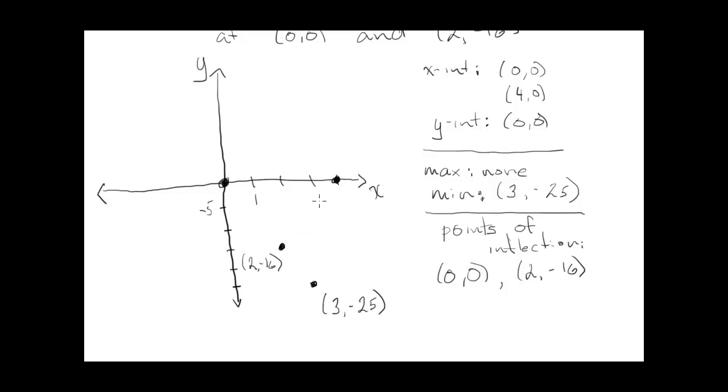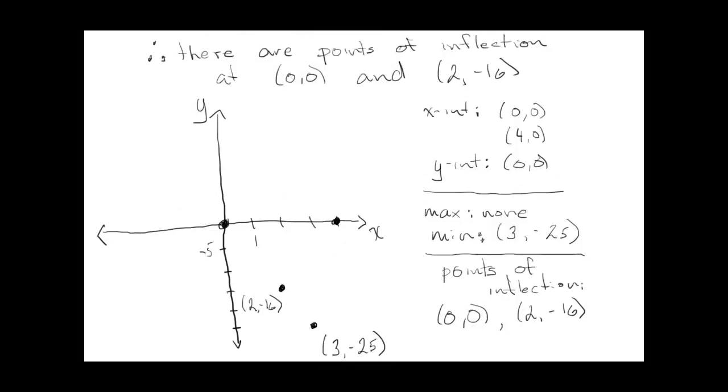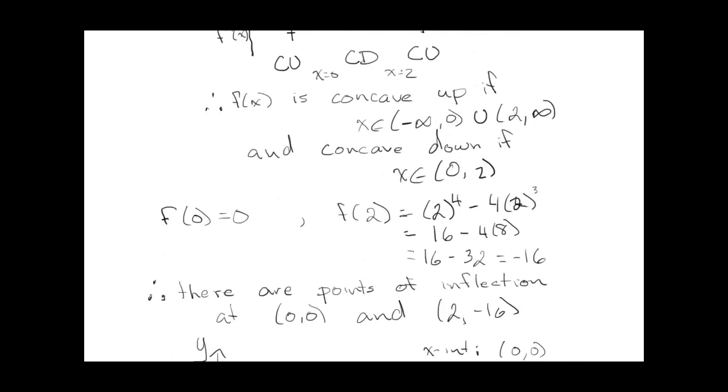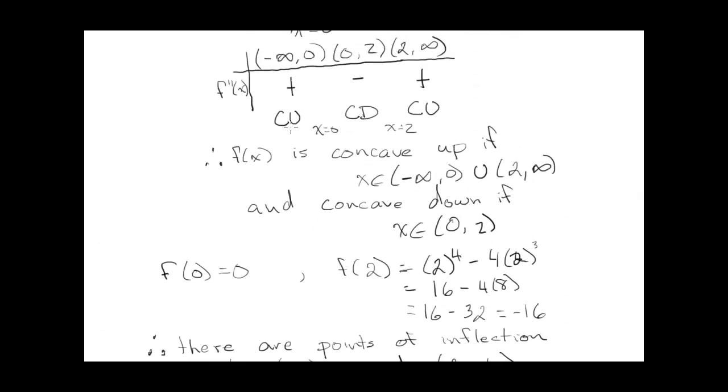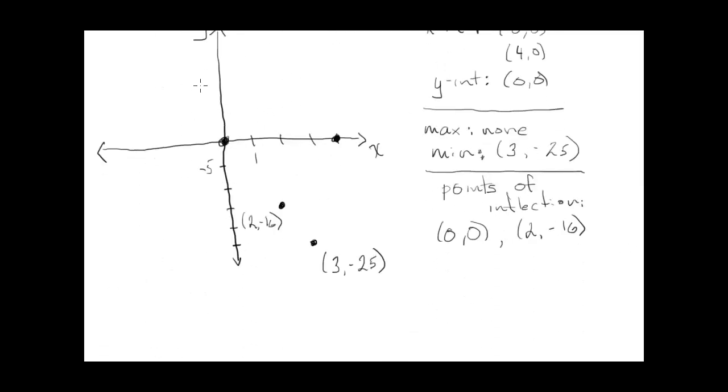So now I just need to basically connect these dots, but in the right way. So I'd look at my points of inflection, or sorry, my intervals of concavity. So I know I go concave up to concave down to concave up. So I'm concave up until 0. So I'm going to draw a graph concave up.